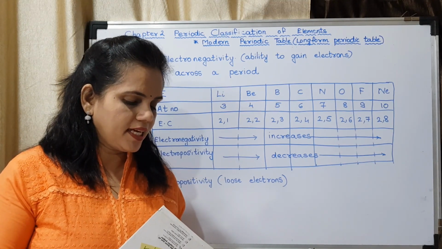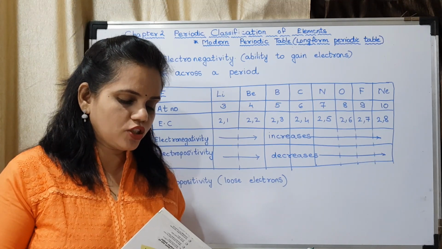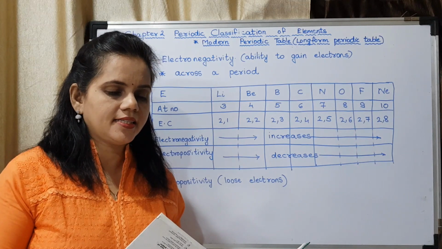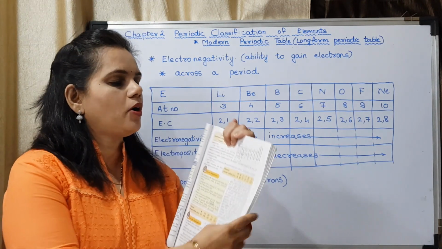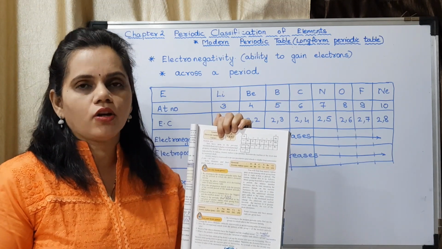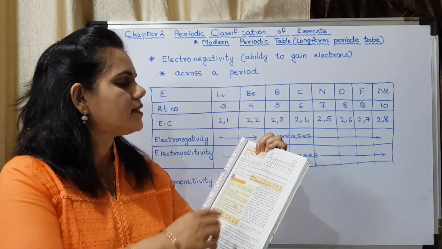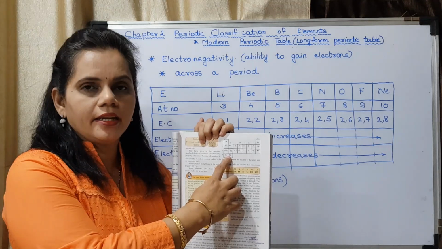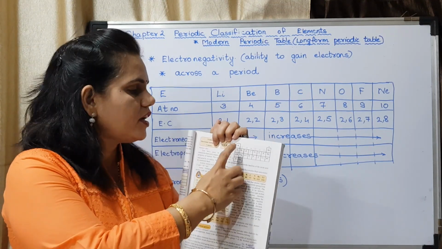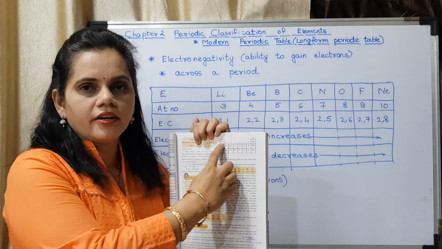Write in it the electronic configuration of the first 20 elements below the symbol and write the valency. You may see there is a box given towards the right. You have to write the electronic configuration of these first 20 elements. We have finished this in the first lecture itself. You have to just write the electronic configuration.